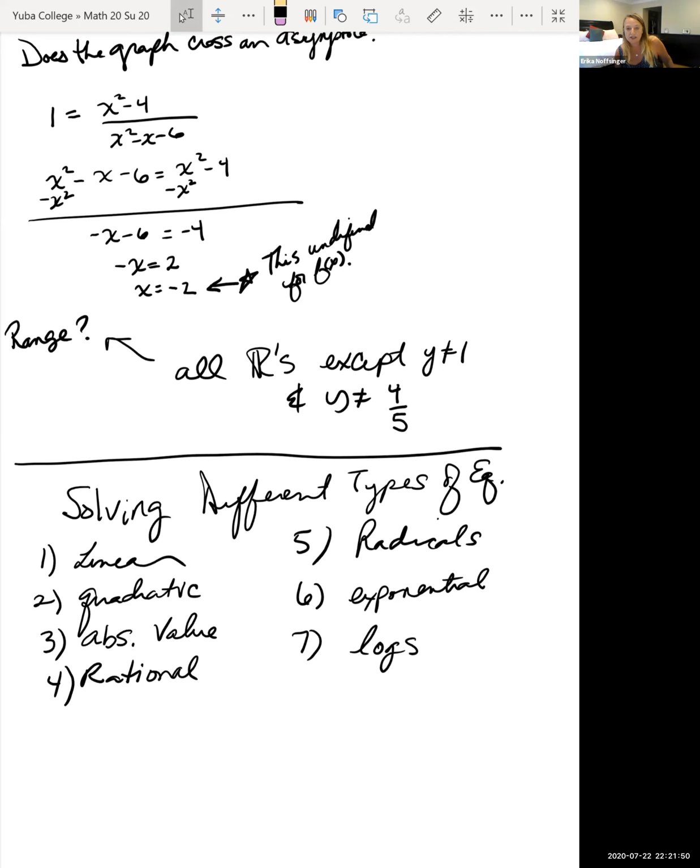While you're doing that, you should also be aware there are sometimes where you have to be careful because the value that you get in your answer is not part of your domain, and you have to exclude it and it won't work. And so you need to be aware of those things.